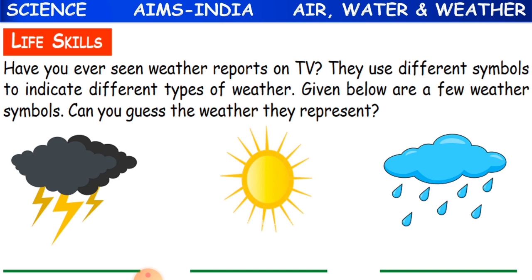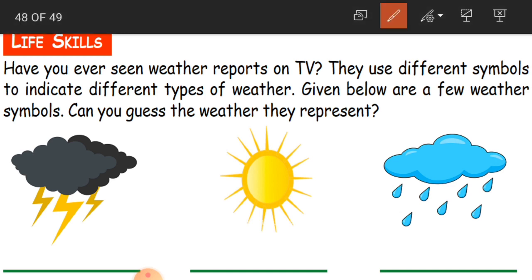And here is one more work for you. Have you ever seen weather reports on TV? They use different symbols to indicate different types of weather. Given below are a few weather symbols. Can you guess the weather they represent? See, children, these are some weather related pictures. This is a cloudy day, this is a sunny day, and this is a rainy day.